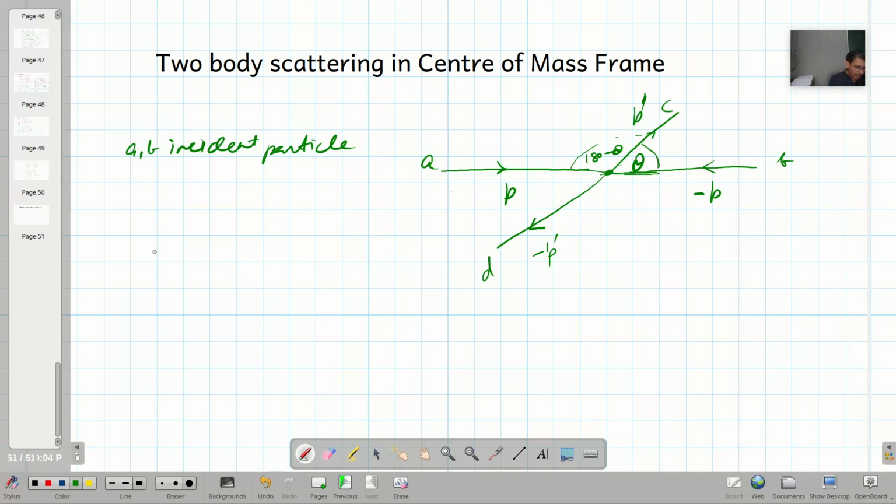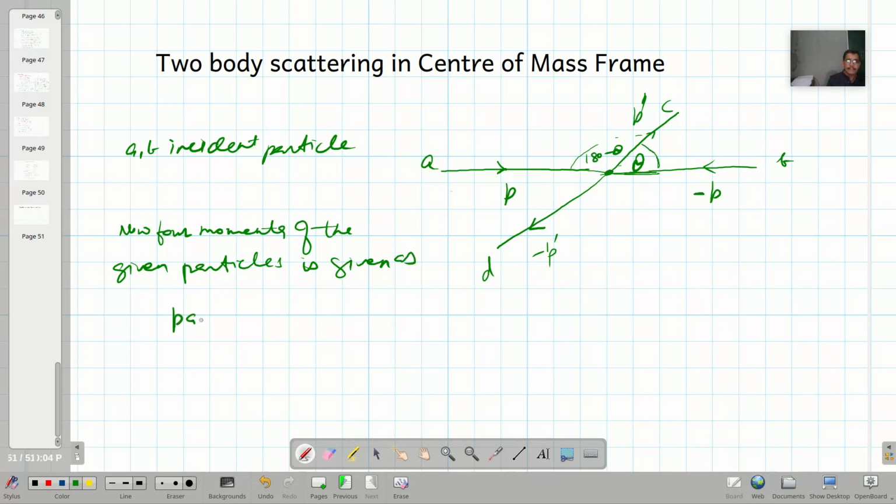Now the momenta of the given particles are given as follows. For the momentum of particle A, it is represented as P iota EA.